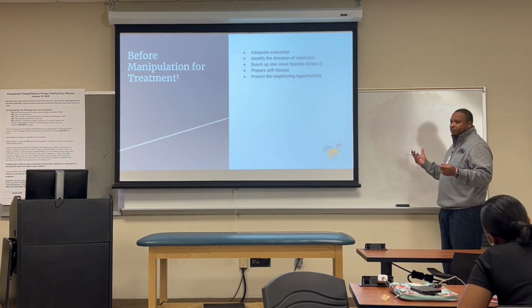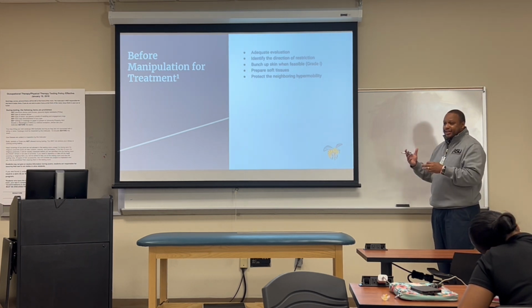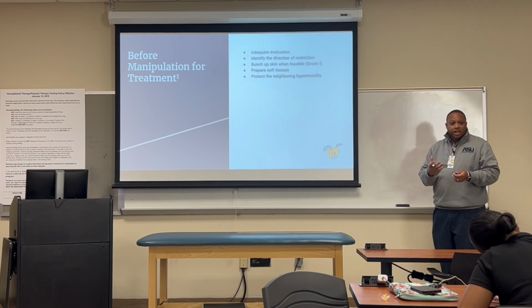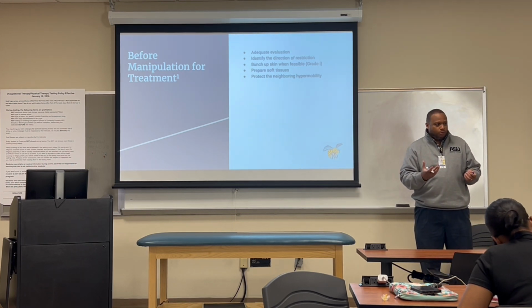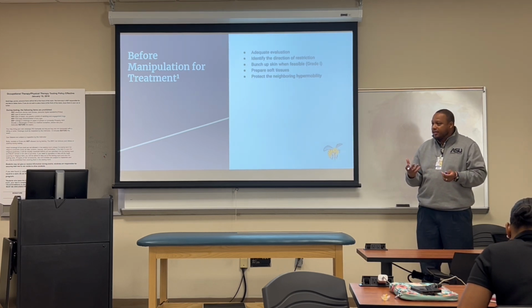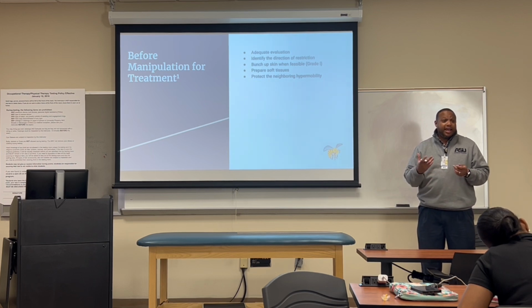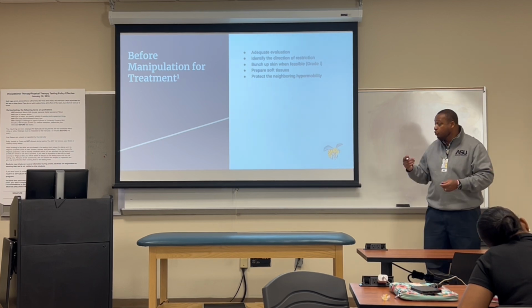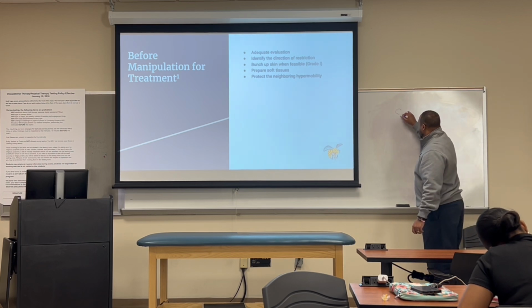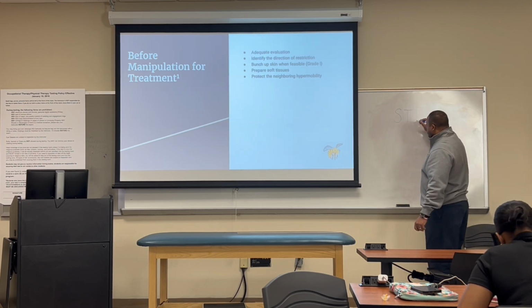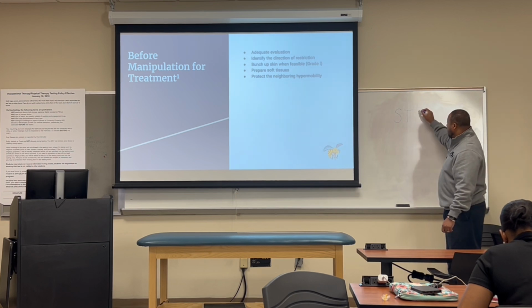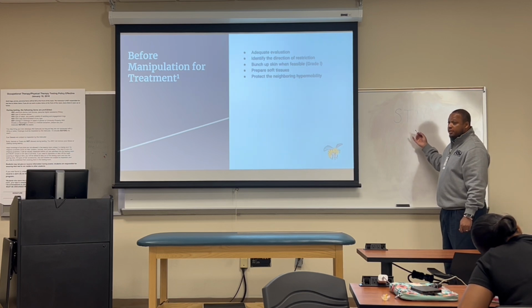So typically for treatment regimen, and this is my treatment regimen, I practice this in the clinic. This is my systematic thinking in the clinic. 90% of your patients, especially if you work in an outpatient orthopedic setting, are going to have some type of connective tissue dysfunction, some type of muscle imbalance, some type of soft tissue tightness that has to be addressed if you want to improve the movement, right? So typically, if I know that somebody has restricted joint mobility, my intervention is going to begin with soft tissue mobilization.